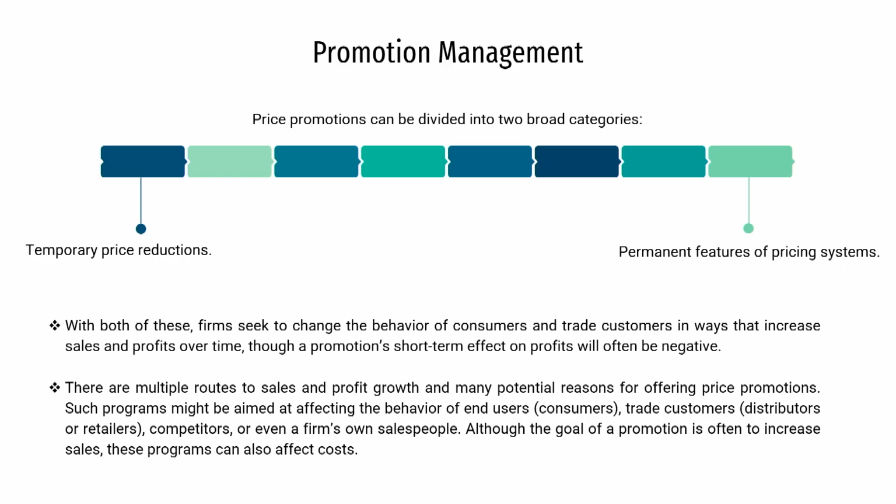Now, as far as this session is concerned, we are talking about a special case of promotion management, that is the price promotion. When we talk about price promotion, it can be divided into two broad categories. One is the temporary price reduction and another one is the permanent features of pricing systems.